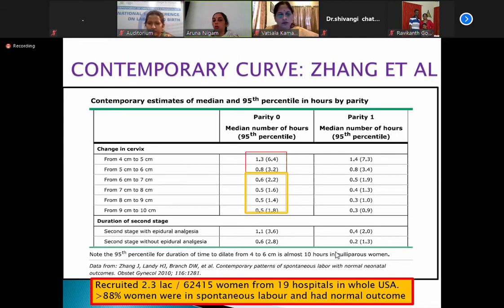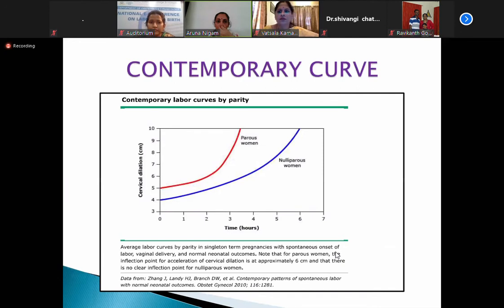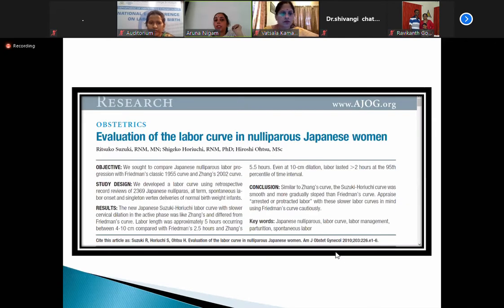There were other authors who have given studies, and all the PGs here should know the landmark studies regarding labor progression. One was Zhang, which was given in 2010. Another was the Japanese study. Another study was given in 2019, a large study in a Norwegian population.